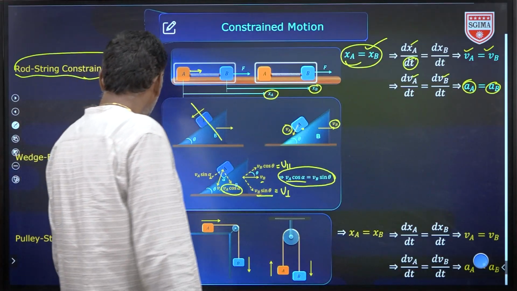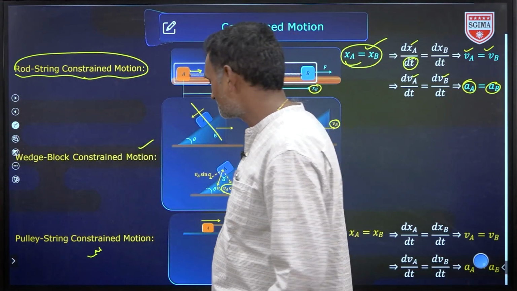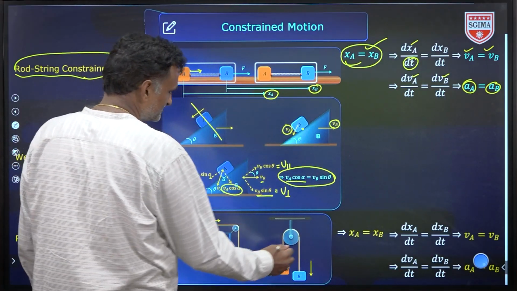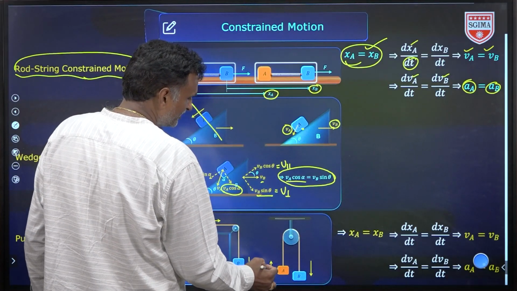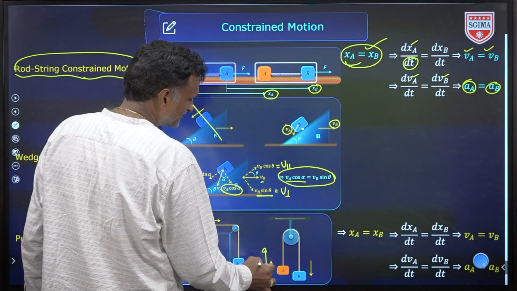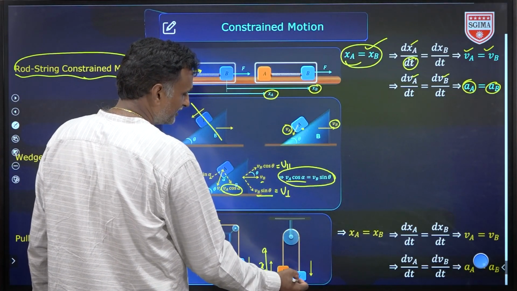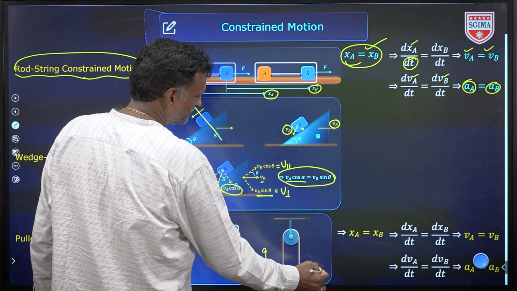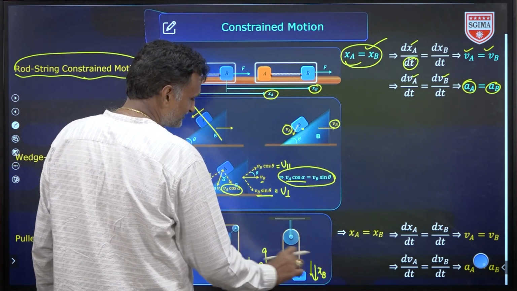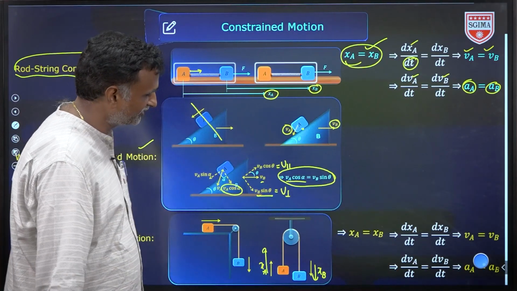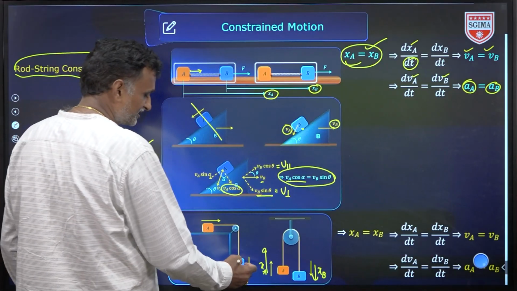Next part, pulley string constrained motion. Here is a general pulley, where A and B blocks are there. Suppose A moves upward with a displacement XA, and as the string is tight, B also moves with the same displacement. Actually you can take XB, but as displacements are the same, XA equals XB, and the same is possible with this case also.